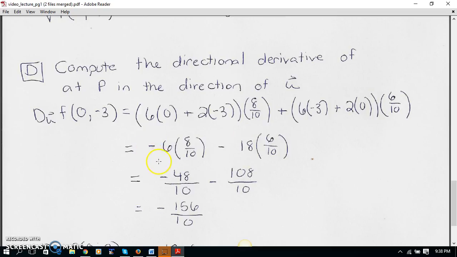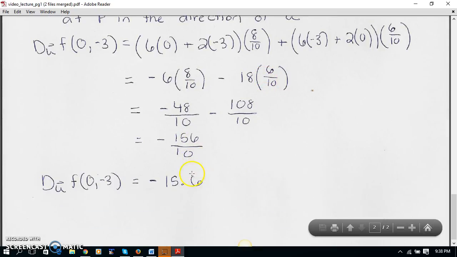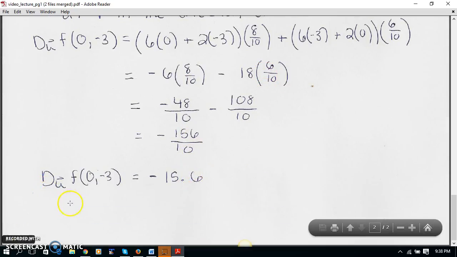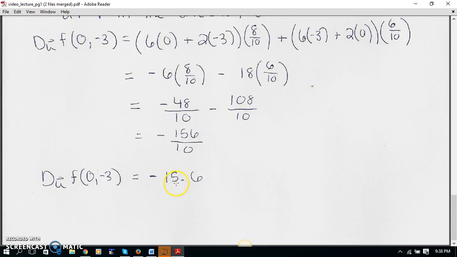So we multiply -6 by the value of the unit vector i component, 8/10, subtract 18 multiplied by 6/10, and we end up with a directional derivative of the function at the point (0, -3) equaling -15.6. This tells us that the slope of the surface is decreasing when we are in the direction of the unit vector.